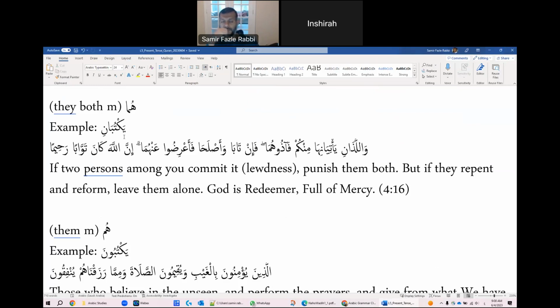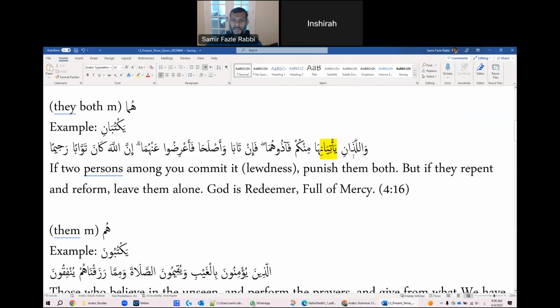Identify the one similar to yaktubani. So it's going to be يأتيانها. Yes, that is it. It's right here to here. I'll just highlight it.